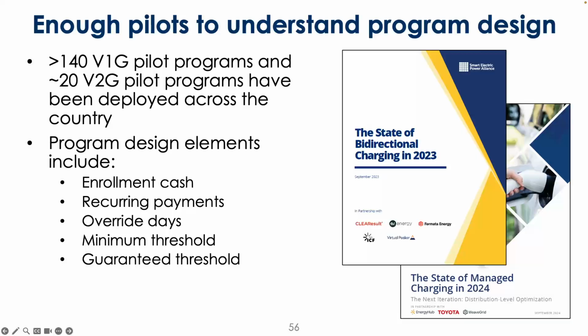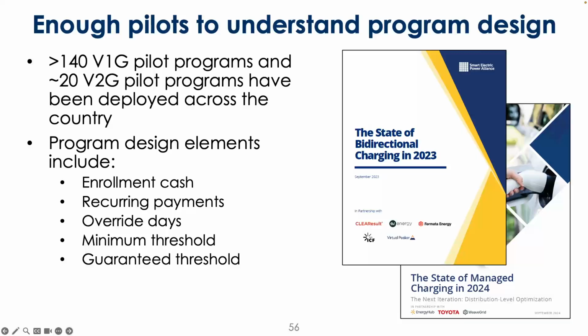So, enrollment cash, recurring payments, and flexibility is actually a really big one for design. So this is like, not only will I give you money to participate, I'm going to give you some flexibility. You can have some number of override days. For example, let's say I participate in the program, and they get to control the charging and discharging of my vehicle, but I know that tomorrow I need to drive down to SoCal. I want my car to be really charged up, so I can override their control.